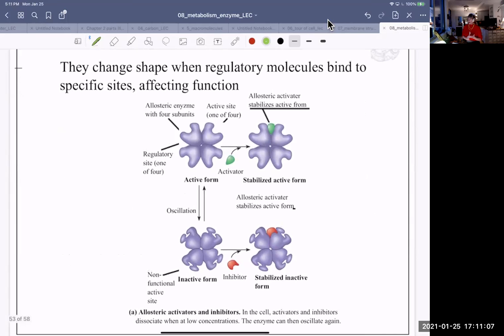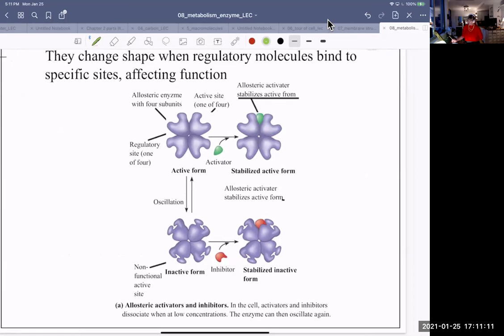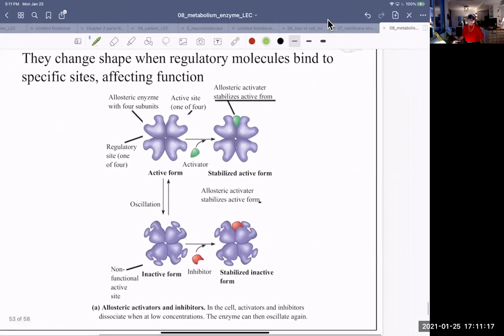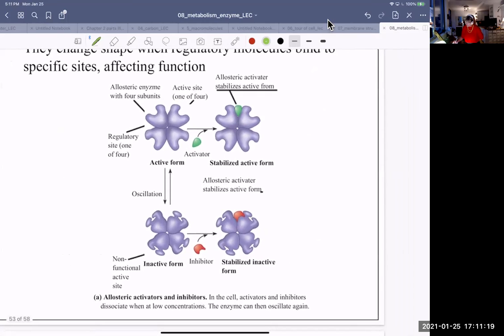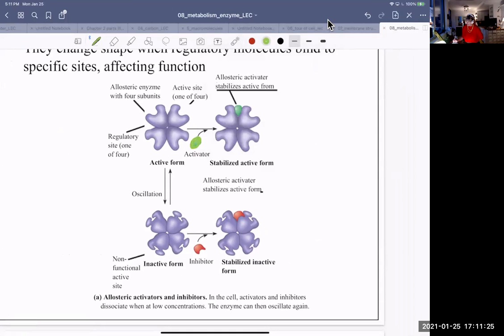So here is a pretty good example. Let's look at it closely. Here's an activator. This little green guy here, an activator. So when it binds here, it's more active.